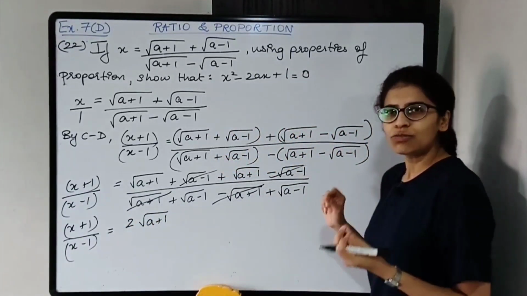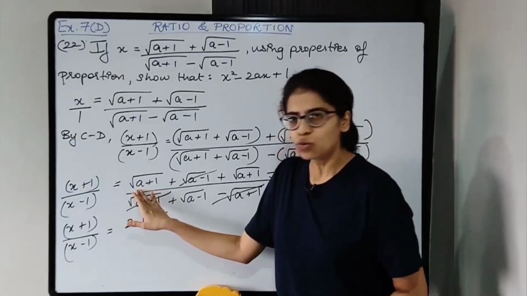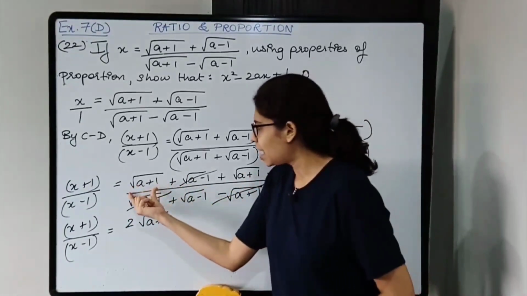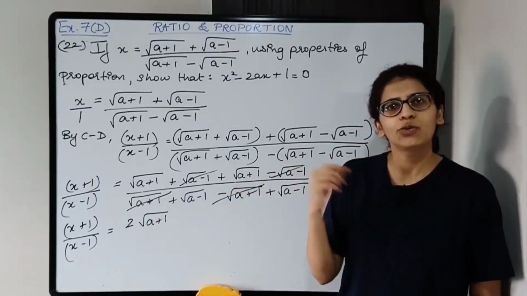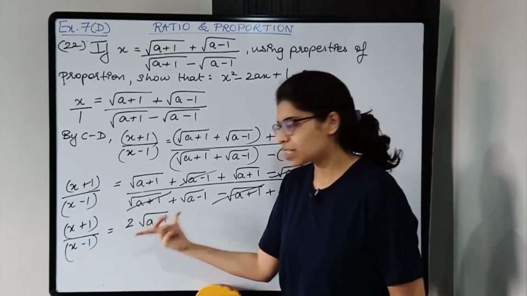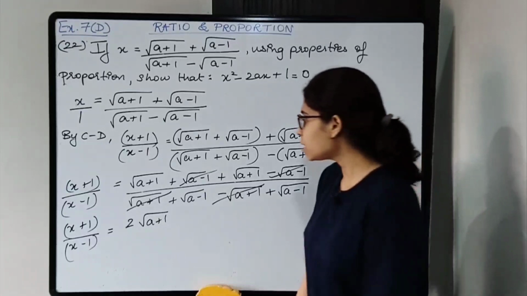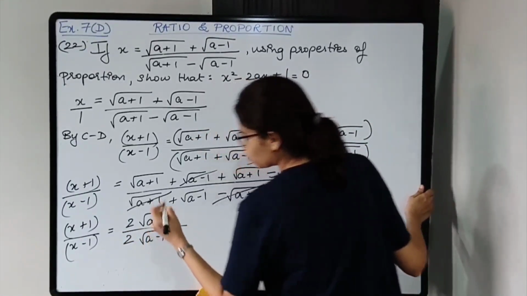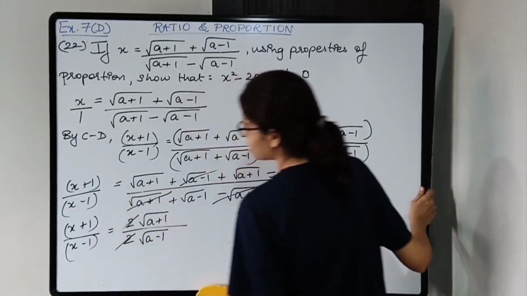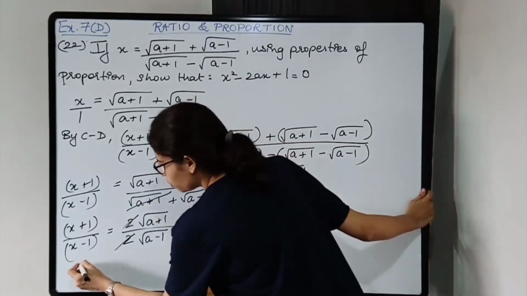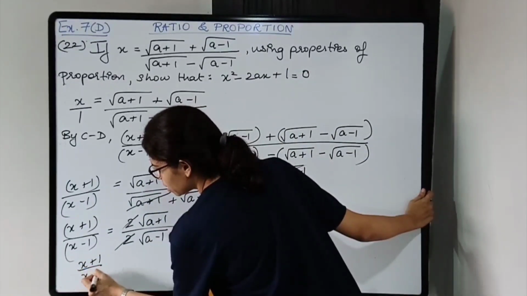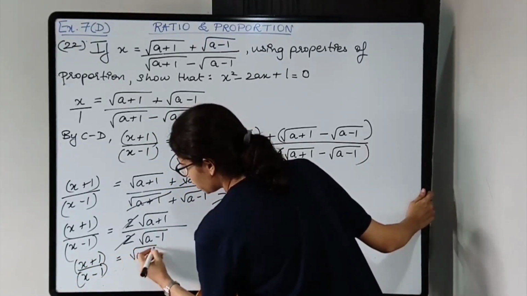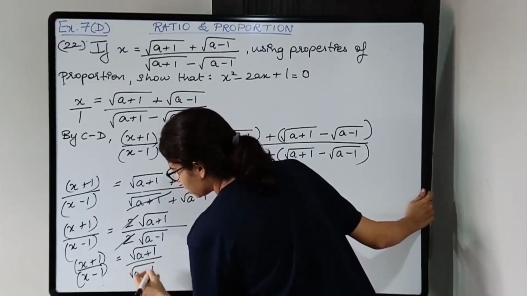Use the logic like there is root 2 plus root 2, so that will give me 2 root 2, or consider it as x plus x, so you will get 2x. So instead of x there is a root. Same thing in the denominator, 2 root of a minus 1, and the 2 will cancel. So you have x plus 1 upon x minus 1 is equal to root of a plus 1 upon root of a minus 1.